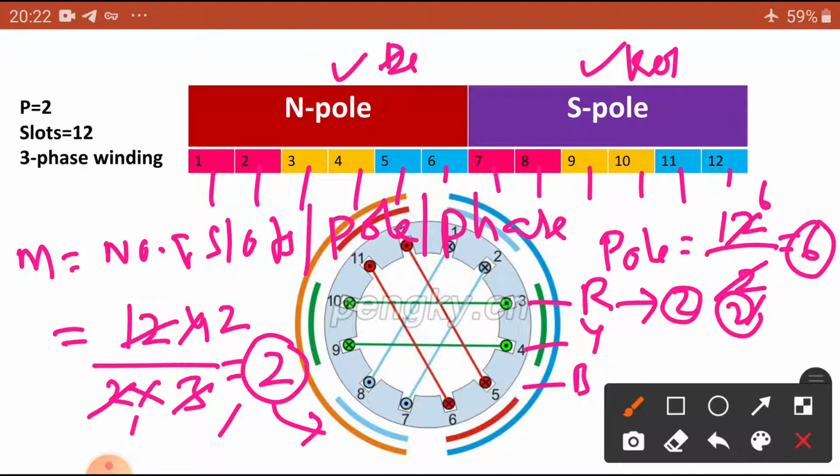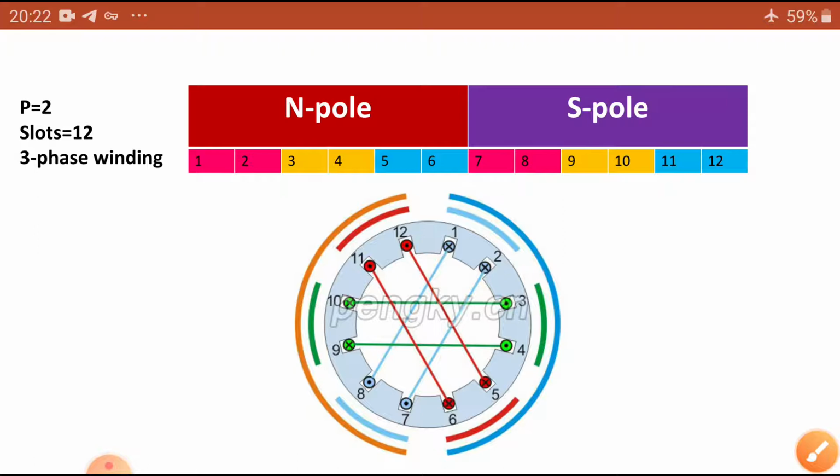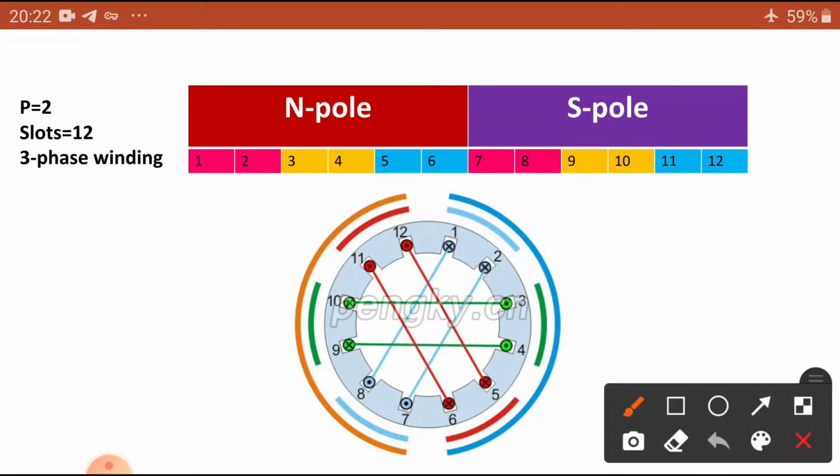You can see the red color 1 and 2 is designed for the R phase, and Y is given the 3 and 4 slots. At the same time 9 and 10 here, and the B phase is given 5 and 6 and 11 and 12 slots. So, you can see how this connection is made.